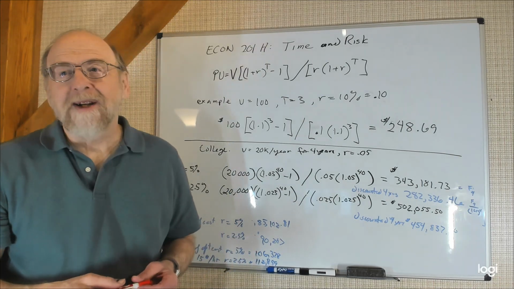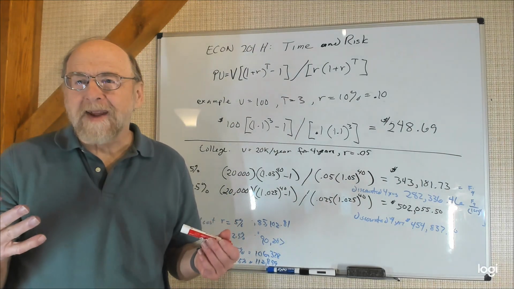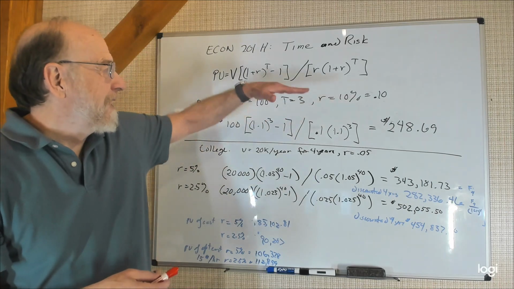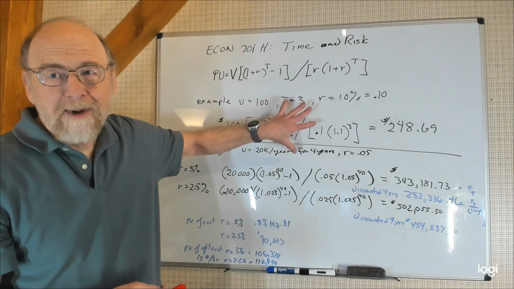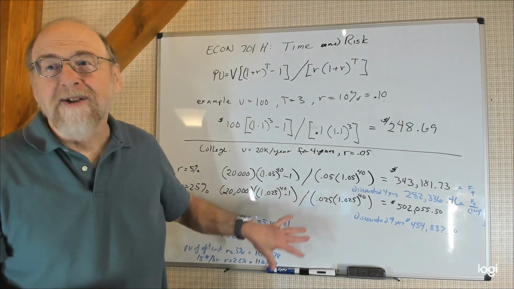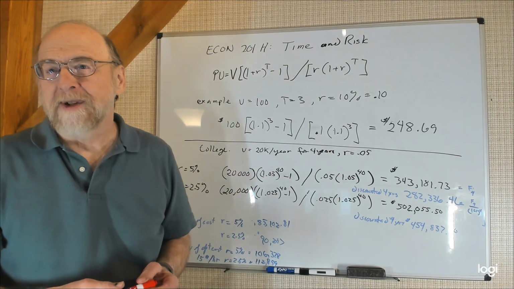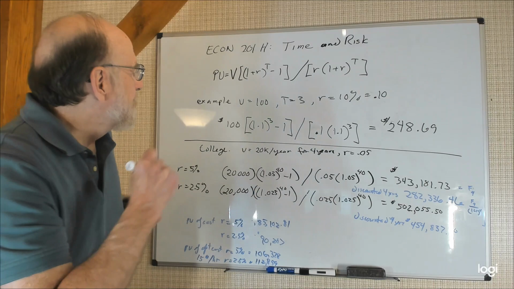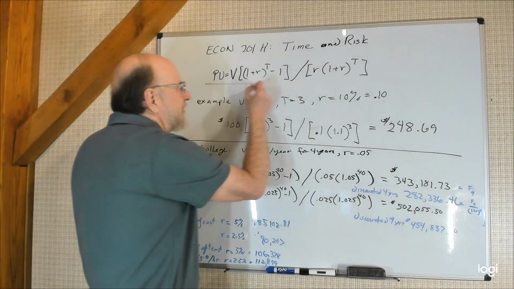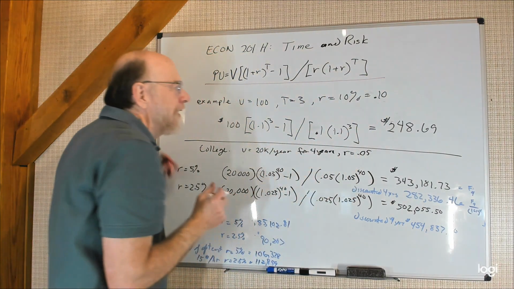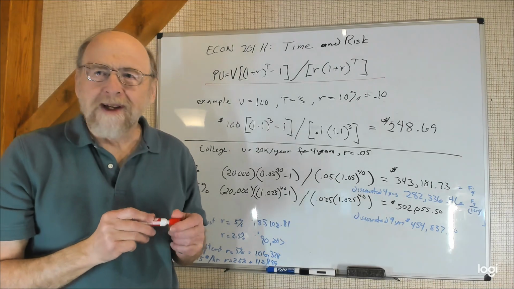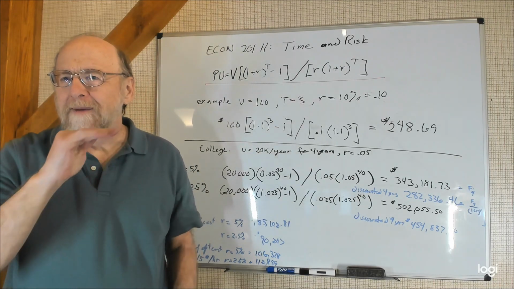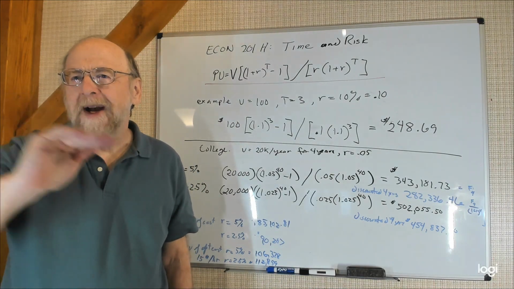So the way to think about this lecture is there's a block of material at the top, a block of material here, a block of material here, and then there's another one I'll create after we get through discussing this part. So the formula we're going to look at is this one. And that formula is the present value of a steady state stream of values into the future.